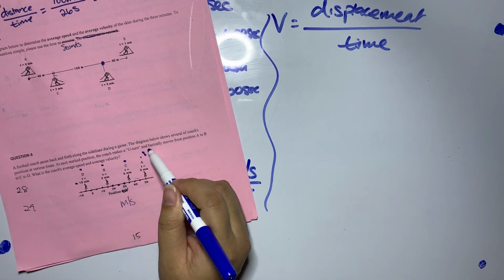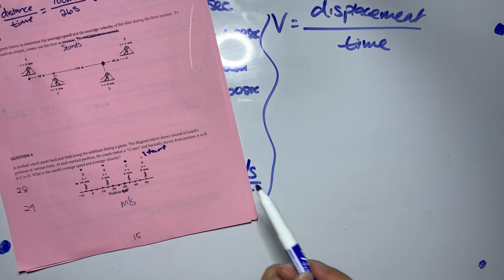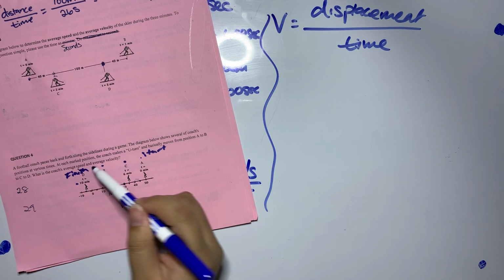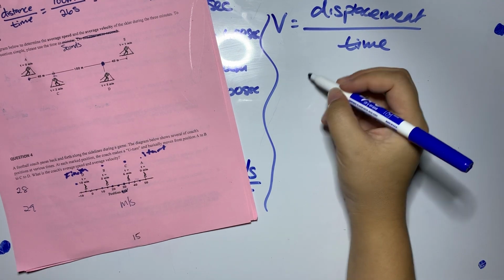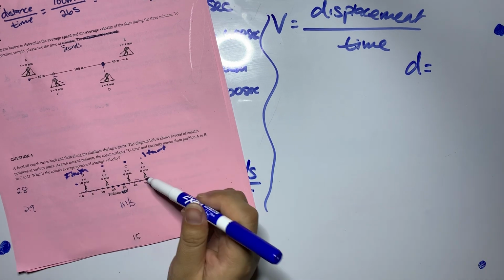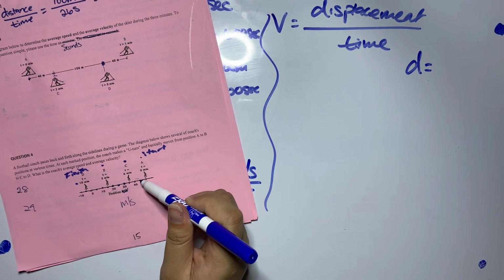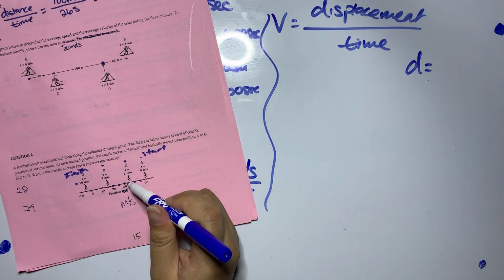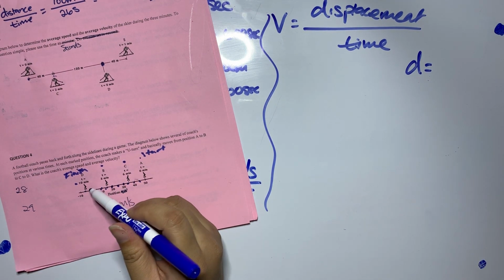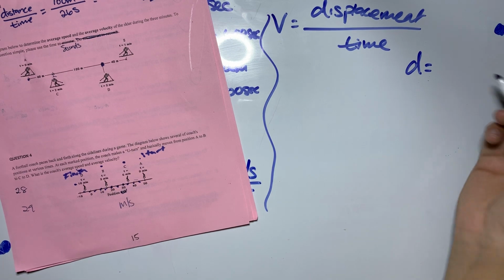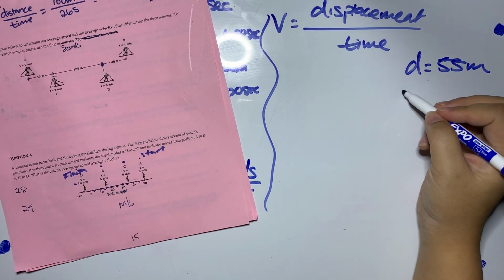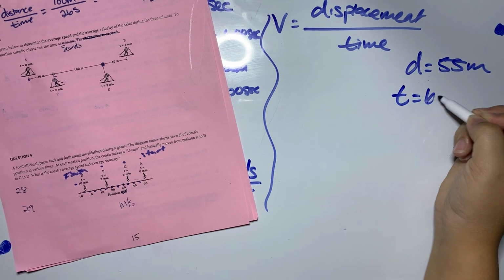He started here at A and finished here at D. So my displacement is 5, 10, 15, 20, 25, 30, 35, 40, 45, 50, 55 meters.